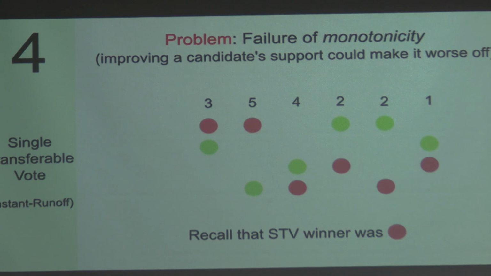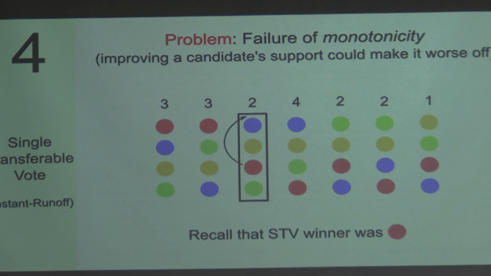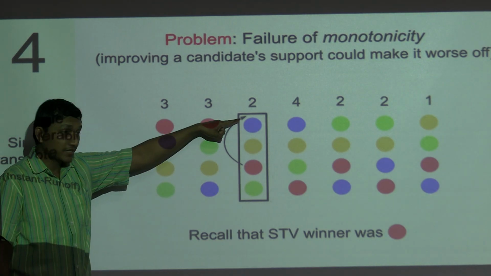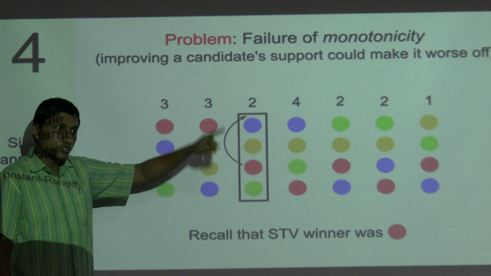Now that leaves us with red and green, and if you stare at it for a second, you'll see that green has a majority support over red. Is it clear? I'm just claiming that suppose red is winning, there exist scenarios where even if you increase the support of the current winner, it might actually stop being the winner.